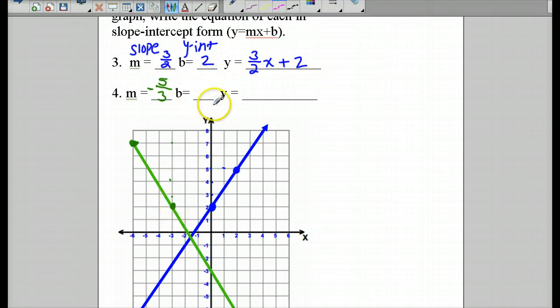And my b, again, is my y-intercept. So if I look down here, I can see it crosses at -3. So my y equals mx plus b, or slope-intercept form, will be -5 over 3x minus 3. So that is slope-intercept form.